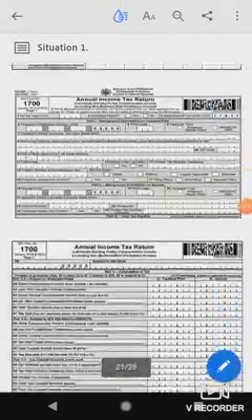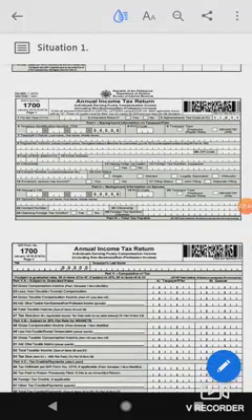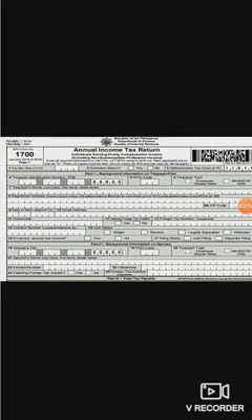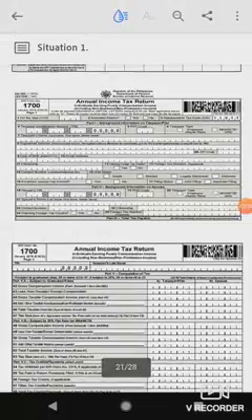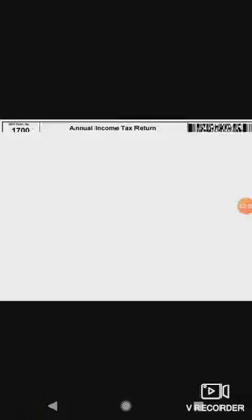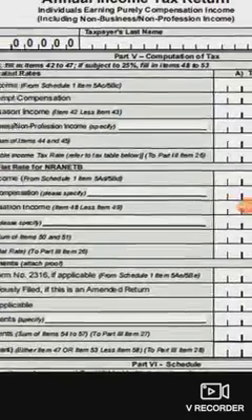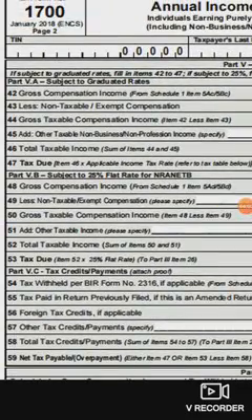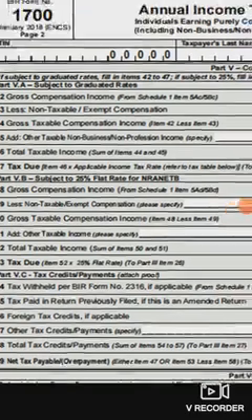So we proceed with 1701, annual income tax return for individuals earning purely compensation income. So we have the illustration 1701. So the computation for either, this is what we refer to as the 2 options.